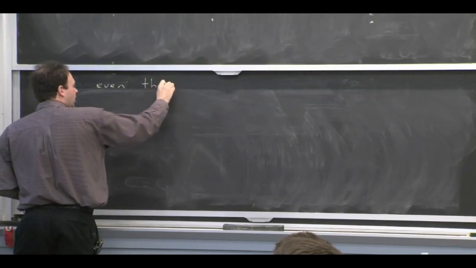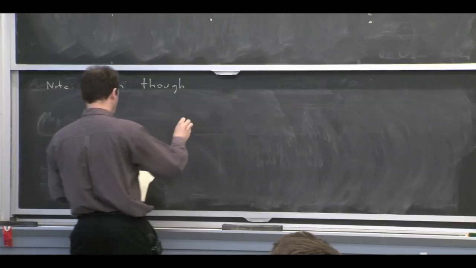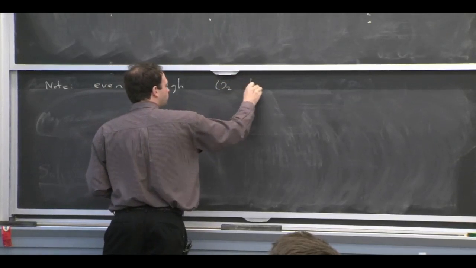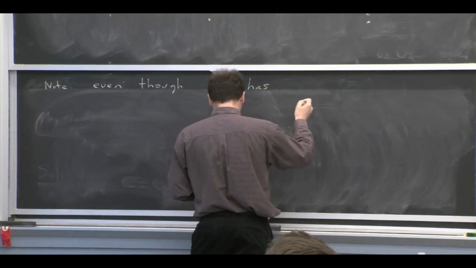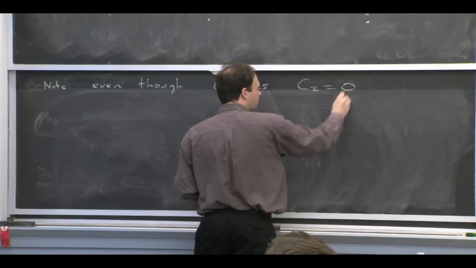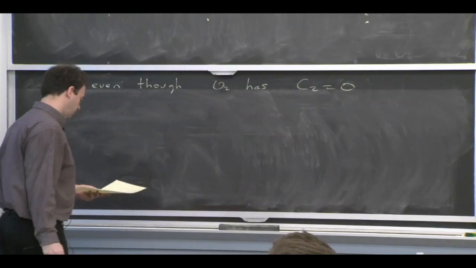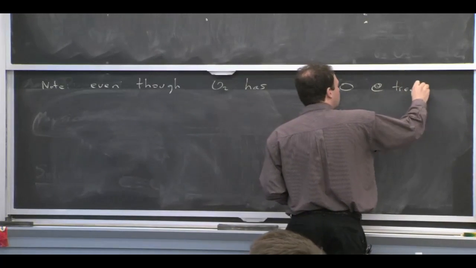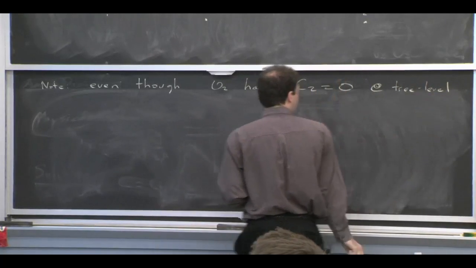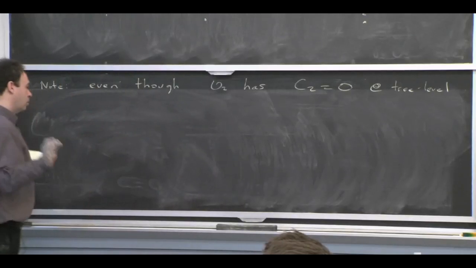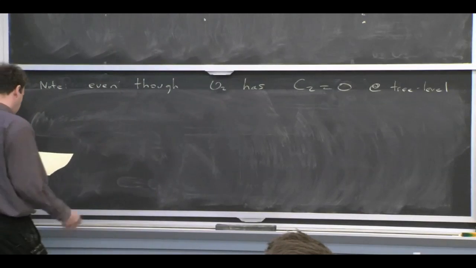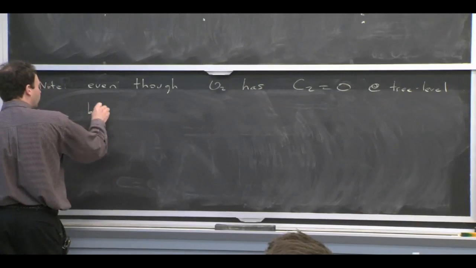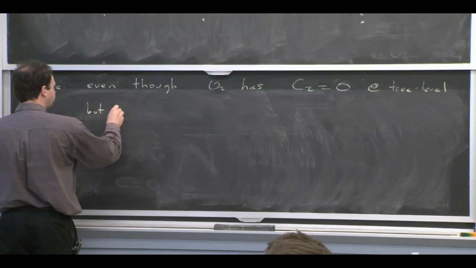Before we get there, let me add one other little note. This operator O2, we didn't see it when we thought originally about matching. It had Wilson coefficient that was 0 at tree level. But so at leading order, you could say that this Wilson coefficient is 0. But at leading log, it's not 0.